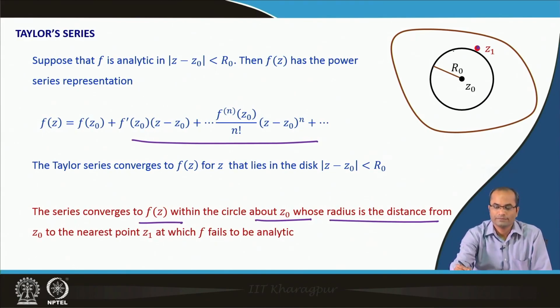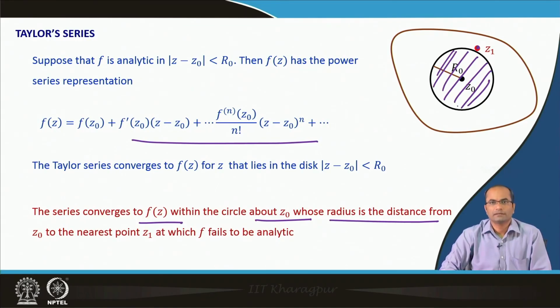So, if f(z) is analytic in this disk, we can go on increasing the radius until we meet the point where f(z) fails to be analytic. That is what we discussed in the previous lecture.